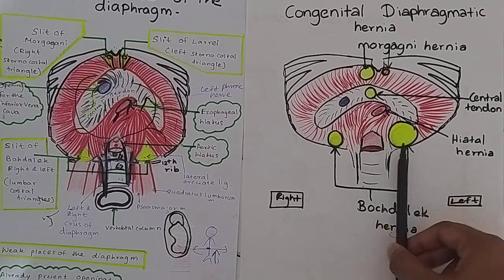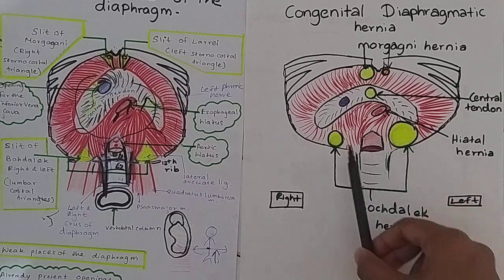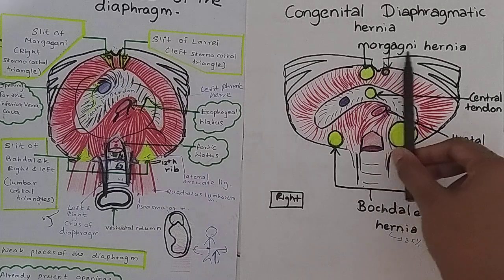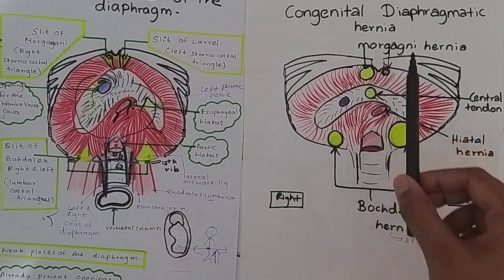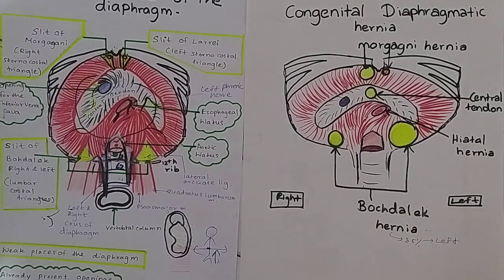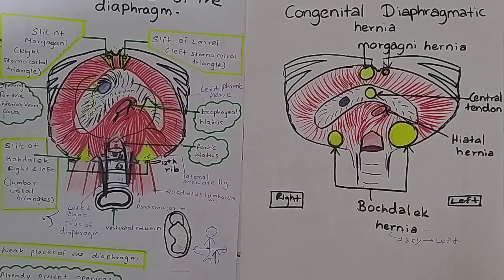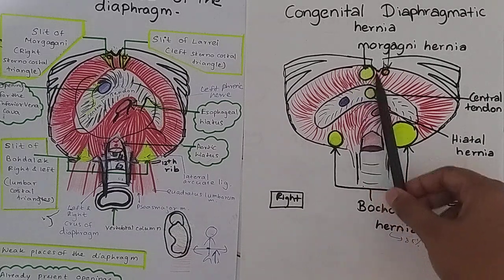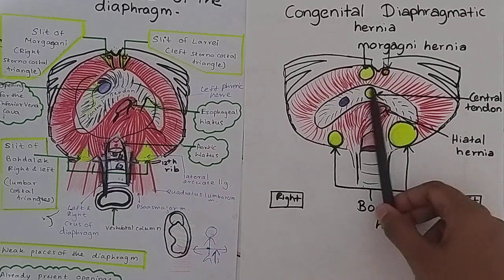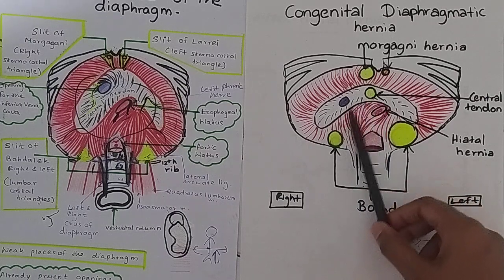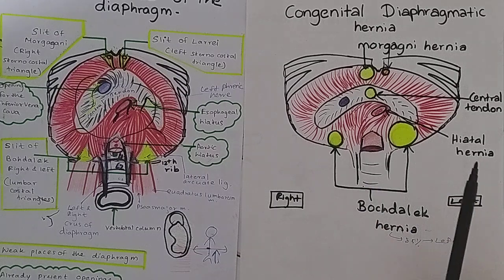That's why I drew a big circle on the left side and a small one on the right side. In Morgagni hernias, although I told you that on the left side we call it the slit of Larrey, in hernias we call both Morgagni hernias. But the right side is more common, right? Central tendon hernias can also develop because of a developmental problem of the central tendon, right?